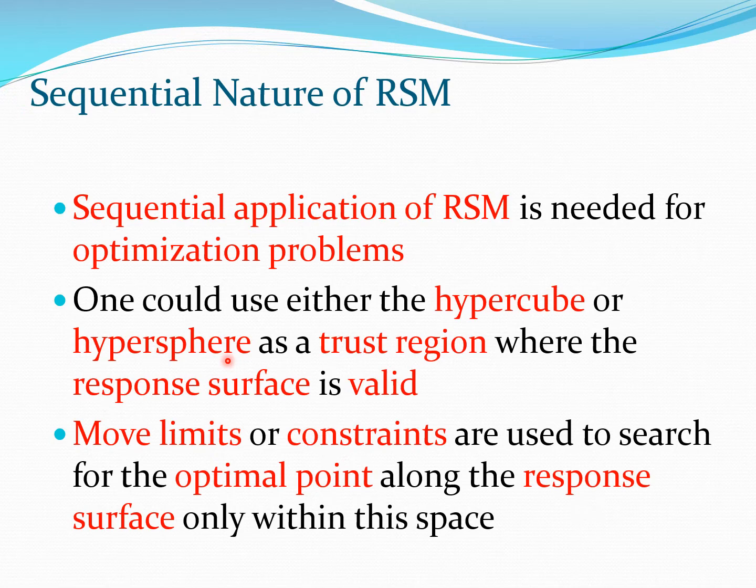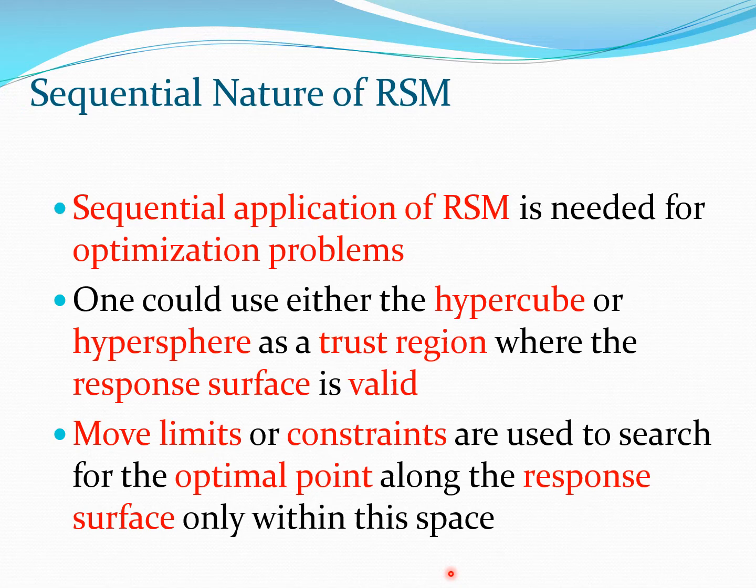And these cubes or spheres can be thought of as the trust region where the response surface is valid. So recall, in a trust region type of situation, that's the region of the design space where you actually trust the approximation you have developed, or the response surface you have developed in this case.